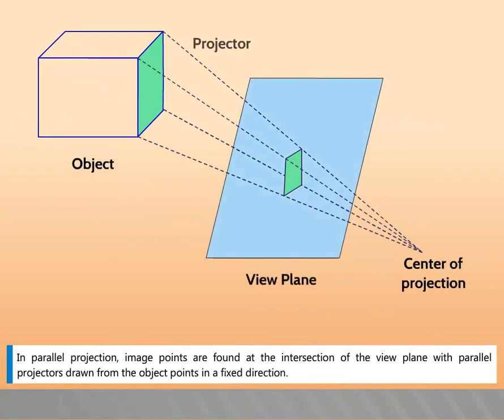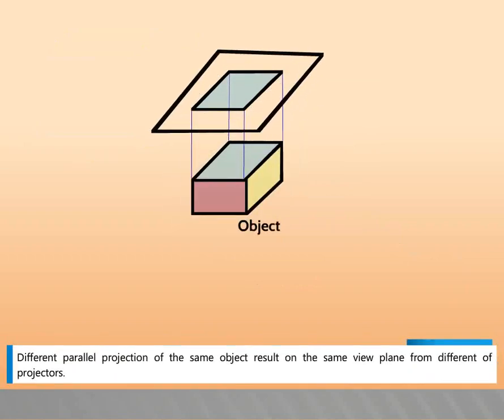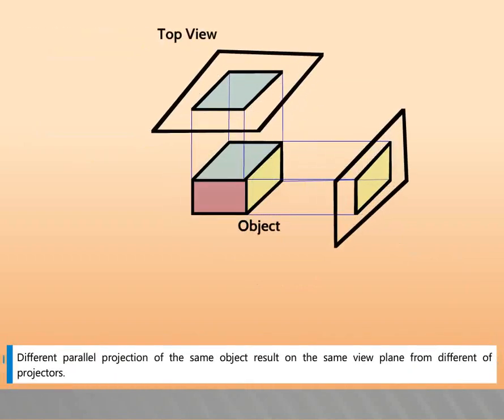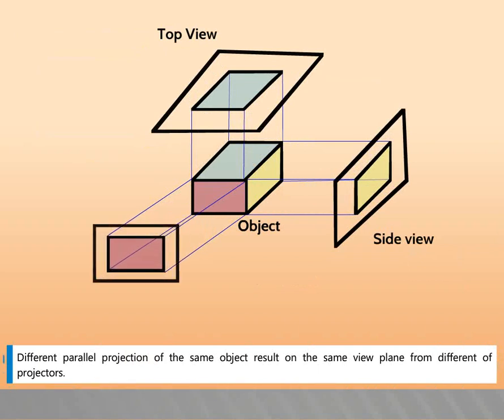In parallel projection, image points are found at the intersection of the view plane with parallel projectors drawn from the object points in a fixed direction. Different parallel projections of the same object result on the same view plane from different projectors.